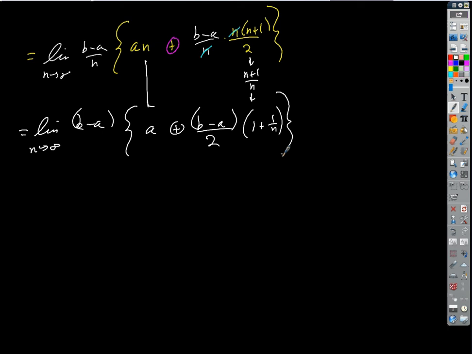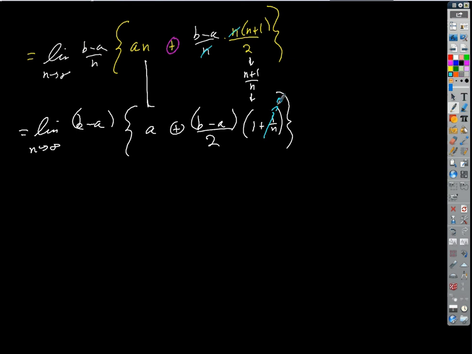How many n's do I have left? One. So I can take my limit, right? As n approaches infinity, what happens to the only term left with an n in it? It goes to 0, doesn't it? Right? So it goes away.